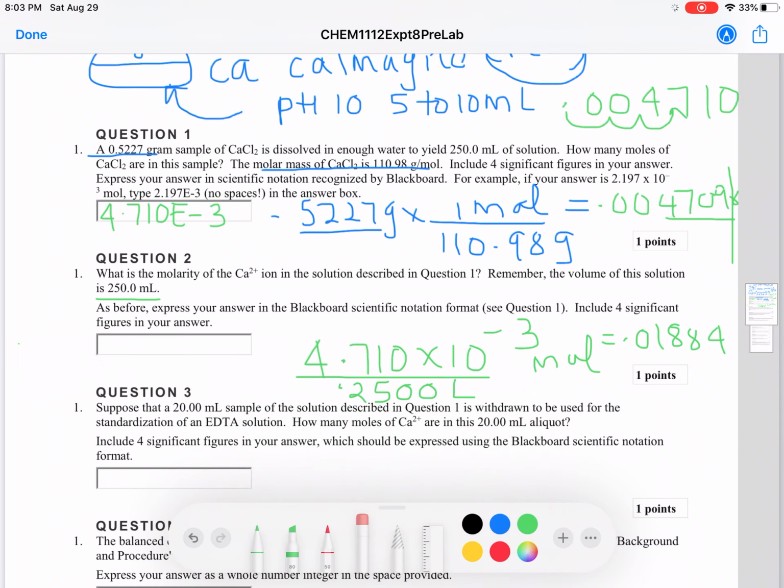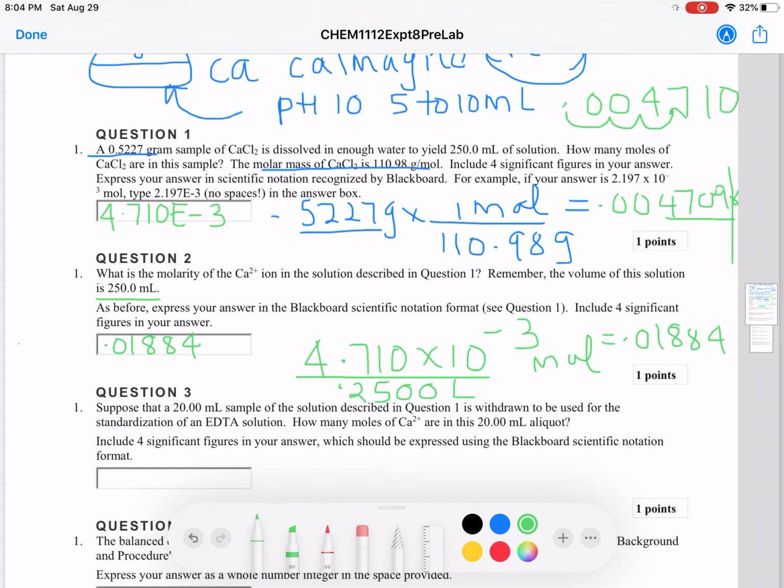I'm going to write it down here: 0.01884, 4 significant figures. You can also write it as an exponent too. That's fine too. That's going to be the molarity. But don't include the units when you are turning in the pre-lab assignments online. But when you do your calculations for the post-lab, I want you to write down the units.